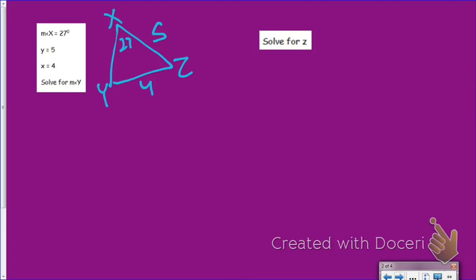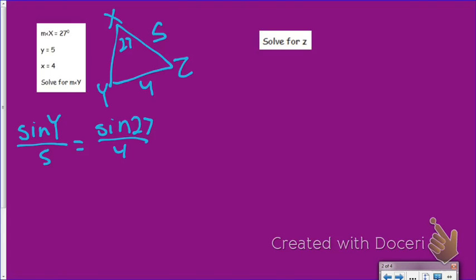To solve for the measure of angle Y, I'm going to set this up with the law of sines. If I want to solve for angle Y, the sine of Y divided by the side across from it, which is 5, has to be equal to the sine of 27 divided by 4.